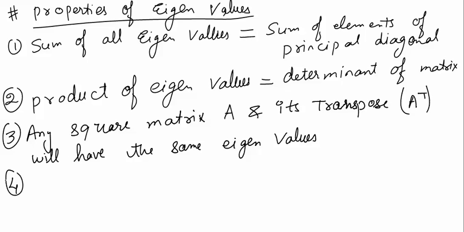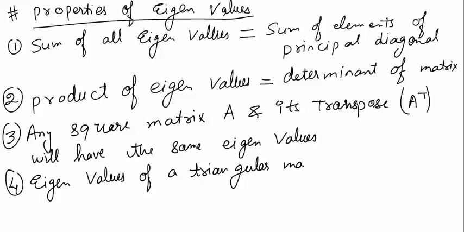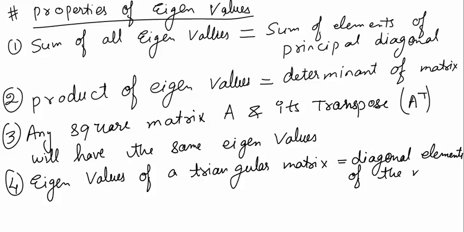Now talking about the fourth property, you can say the eigenvalues of a triangular matrix are nothing but the diagonal elements of the matrix directly, whether it is an upper triangular or a lower triangular.